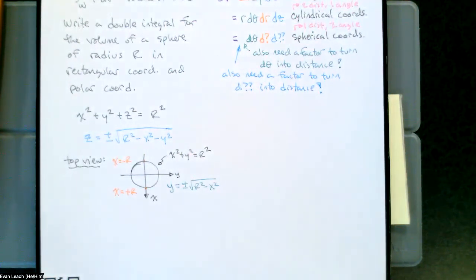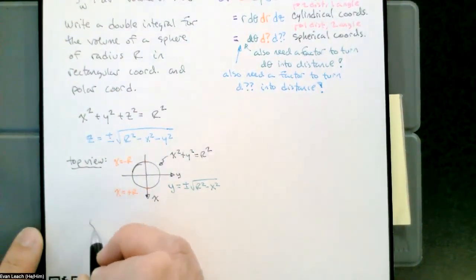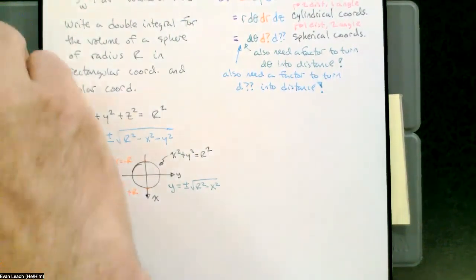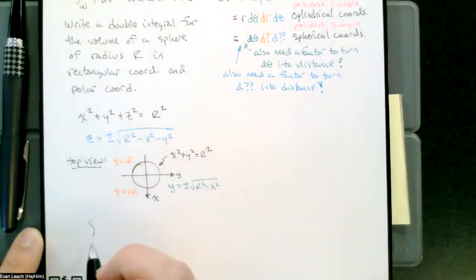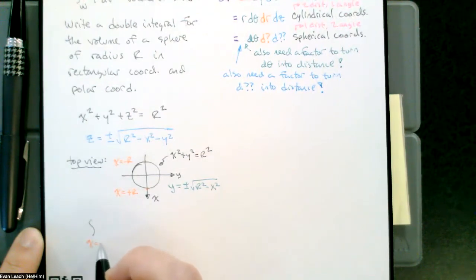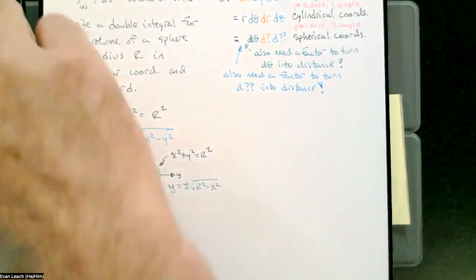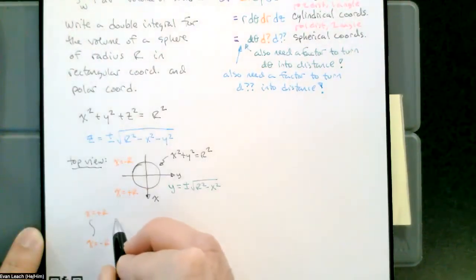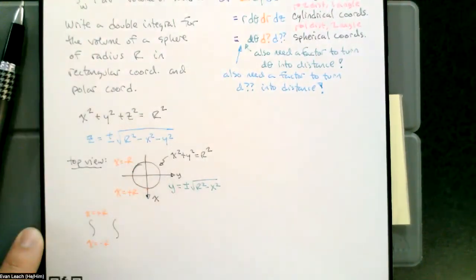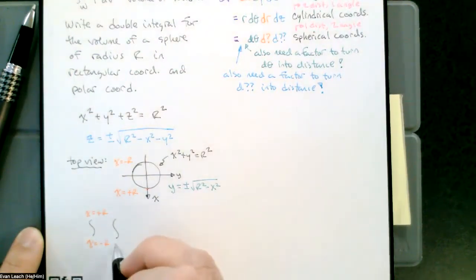Oh, I didn't have to worry about what's z between because I said write a double integral, not a triple integral. So x will go from minus r to plus r. And the y will go from minus the square root to plus the square root.